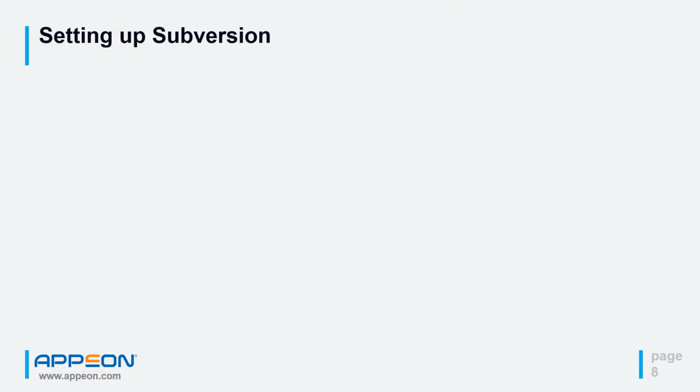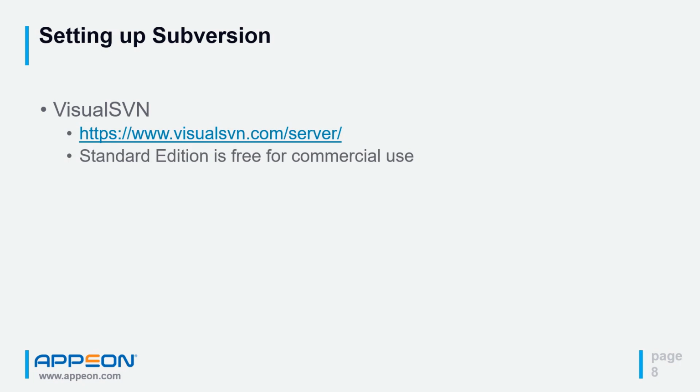So there's two things we primarily need if we're going to start using Subversion for source control. One of them is a Subversion server. You might have an on-premise solution, or you might have a hosted solution, a cloud solution. The product that we went with is called VisualSVN, and it is free for commercial use.